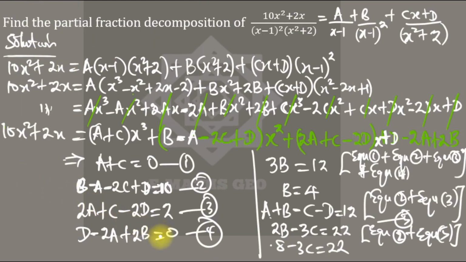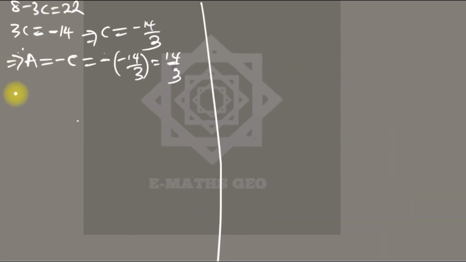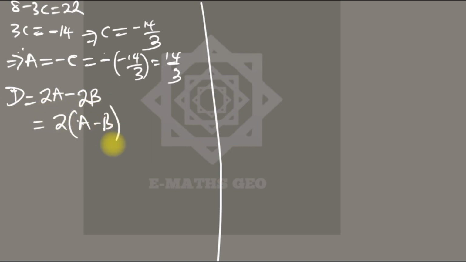So it's d. Let's look at the equation that will help us to get d. From the fourth equation, if we make d the subject of formula, d is equal to 2a minus 2b. And we can factor 2. We have a minus b.